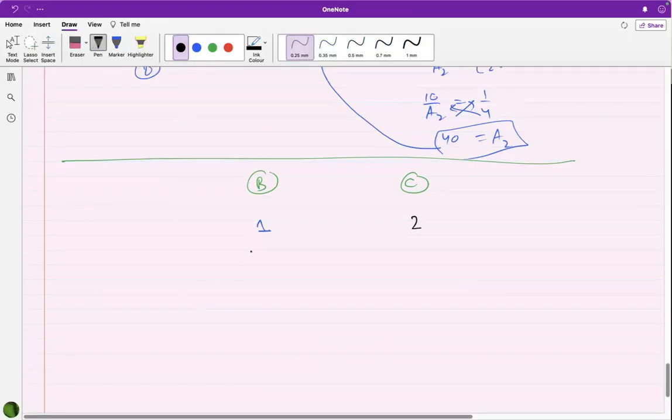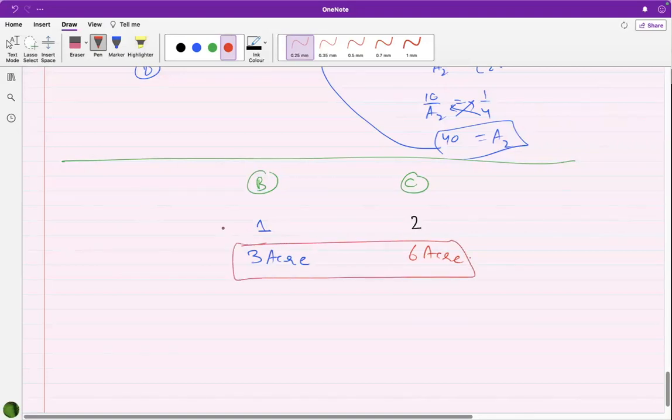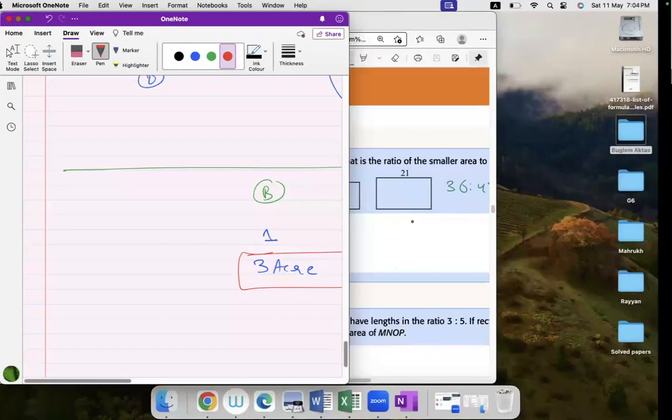And if the sports teacher just lets me know that this was 3 acres, the second would be 6 acres. So when both of these are unknown, the answer is in ratio. When one is known, we can find the other unknown and give the exact numerical value.